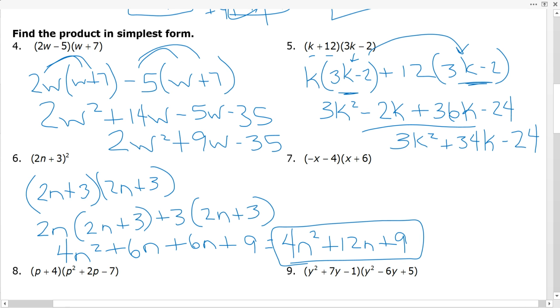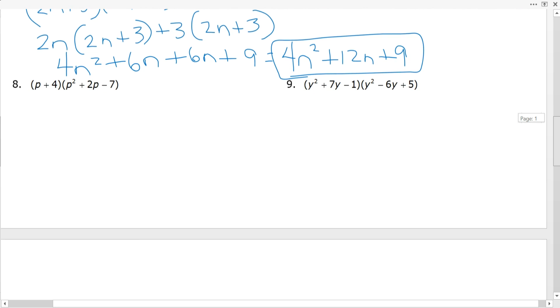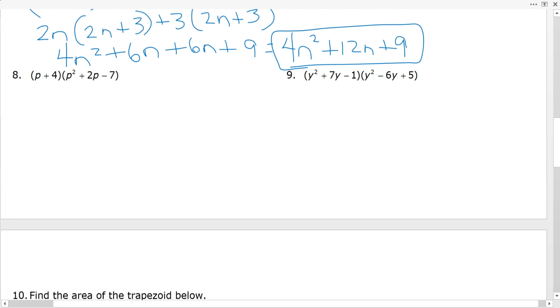All right, this is the last one I'm going to do. You want me to do number 9, don't you? Well, I do number 9 instead of number 7, and then I'll be done. All right, this is going to be a long one, I suspect. So I'm just going to have 3 terms, and each one multiplied. So here's my y squared times everything in here.